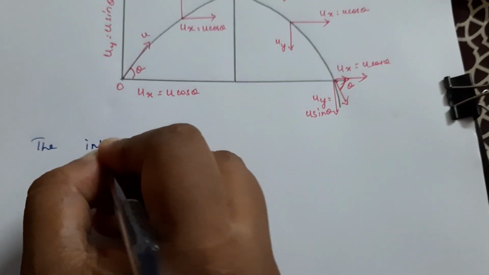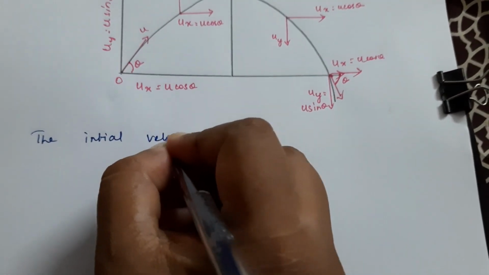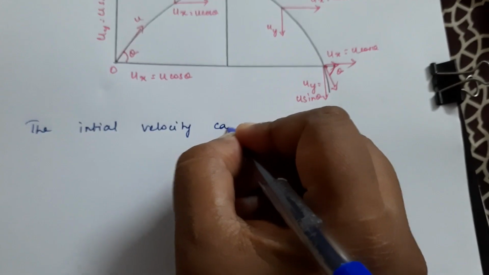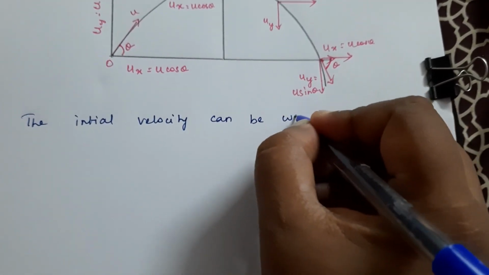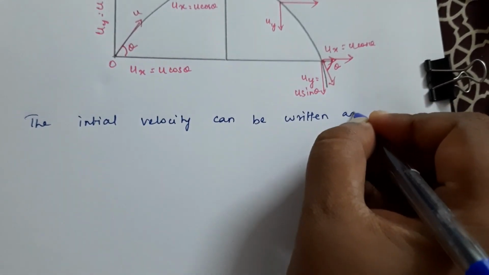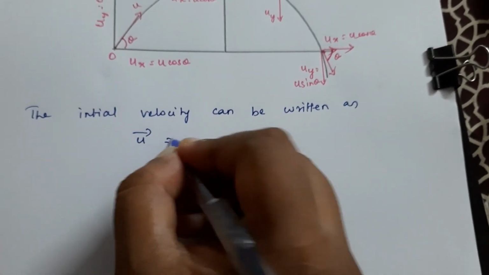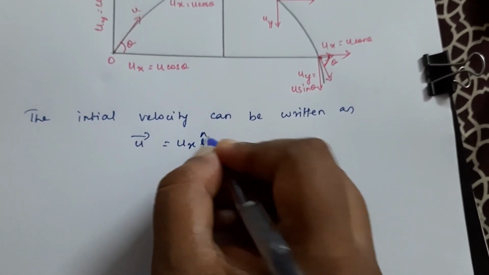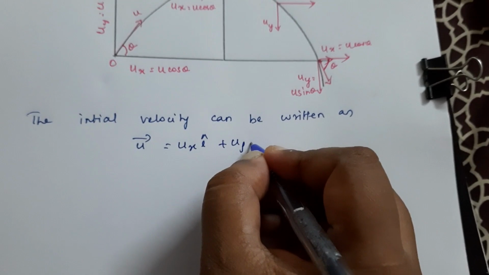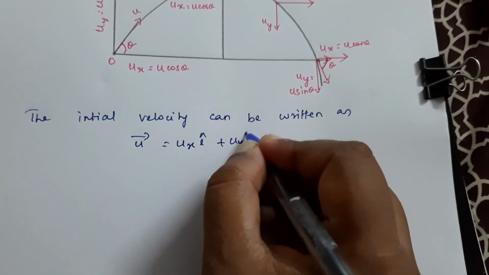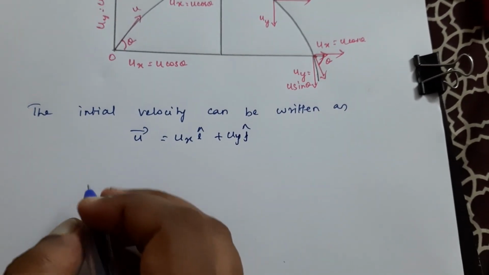The initial velocity can be written as u vector is equal to ux i vector plus uy j vector.